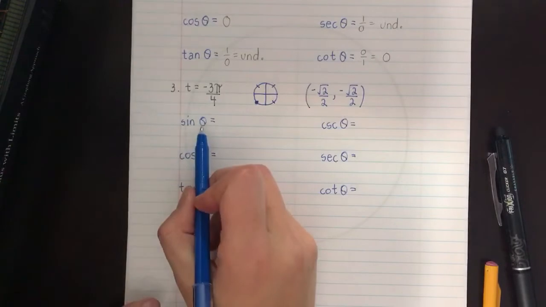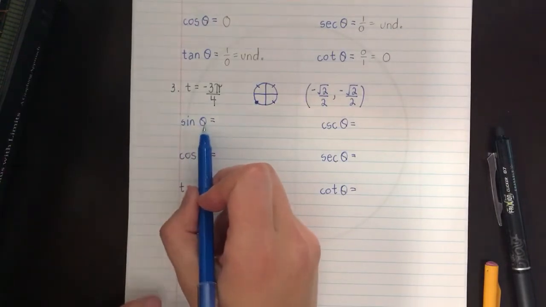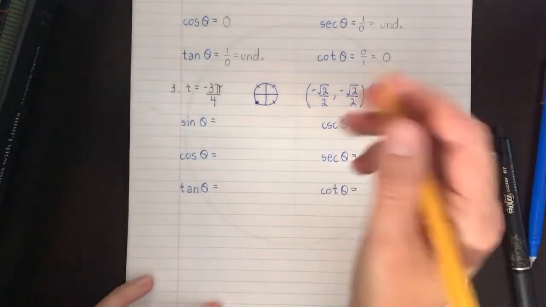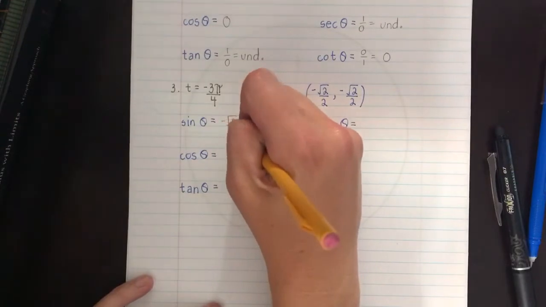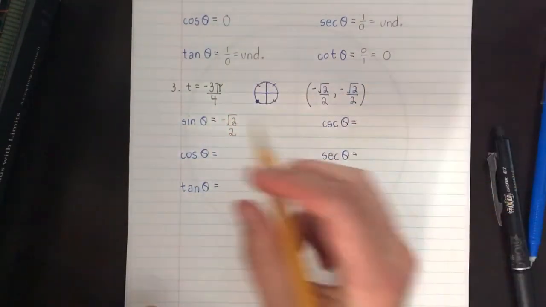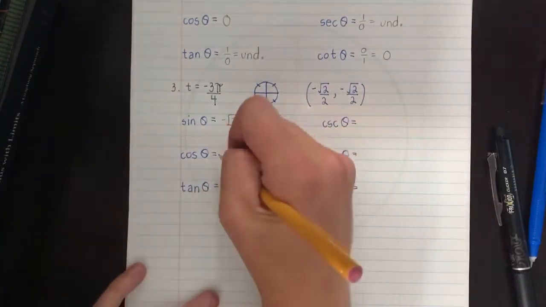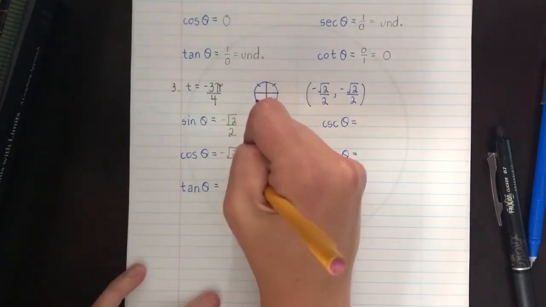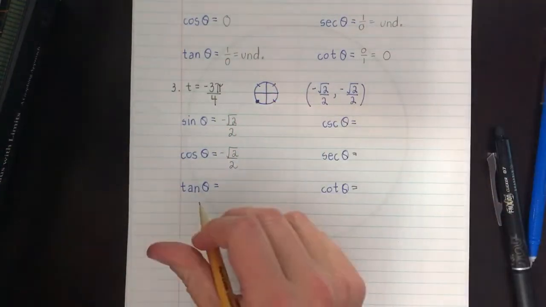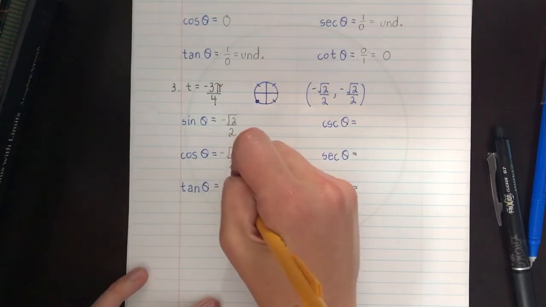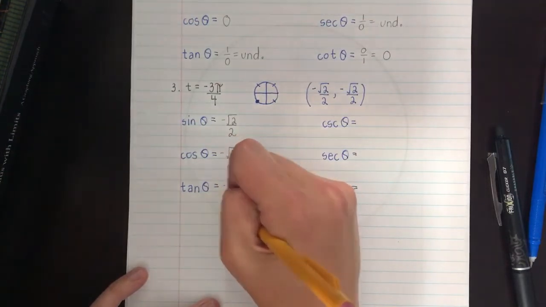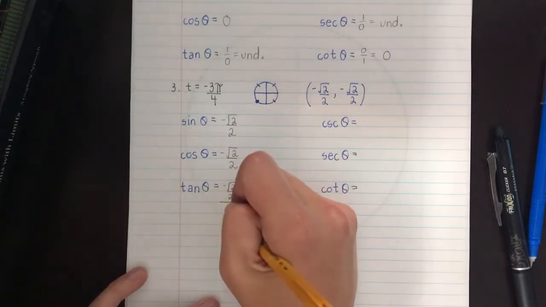So sine of theta here, remember, sine is y. That's going to be negative square root of 2 over 2. And then cosine is our x, which is in this case the same. Okay, and tangent is y over x.